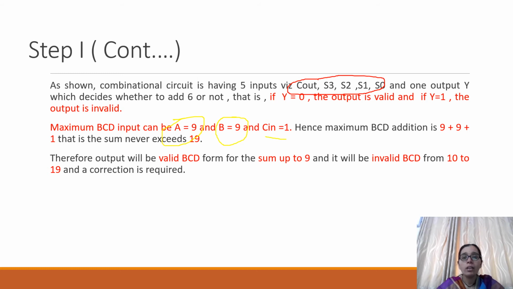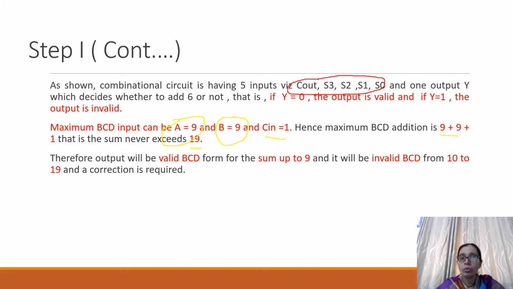In that case, the maximum BCD addition is 9 plus 9 plus 1, that is 19. So the maximum BCD addition that will be produced by a one digit BCD adder is 19. A valid BCD will be formed from sum up to 9. Invalid BCD will be from 10 to 19 and the correction is required.